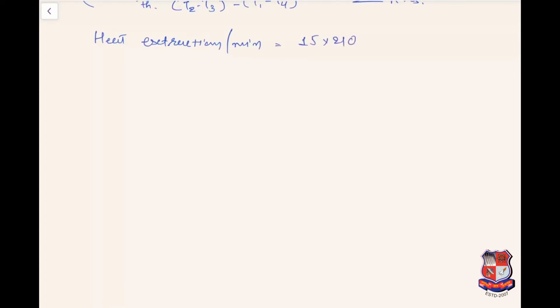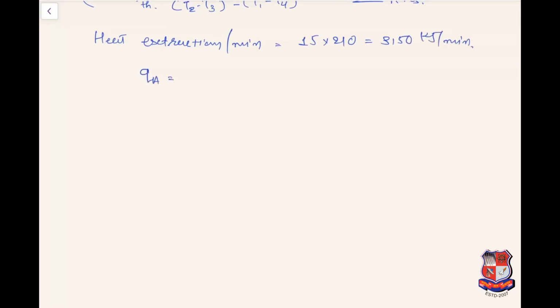Then the rate of circulation of air. For that we first need to find the amount of heat extraction per minute, and that is 15 into 210, that is equal to 3150 kilojoule per minute.